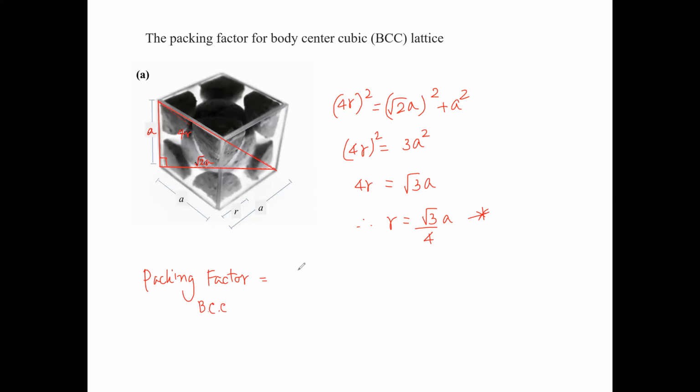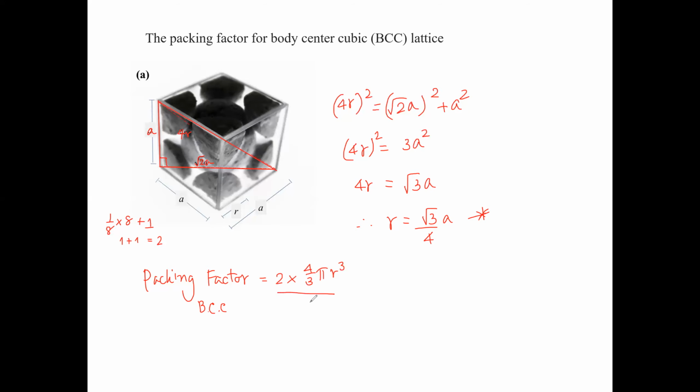Packing factor for BCC is, okay, remember the definition, we have to count how many atoms in the BCC. At the corner, 1/8 multiplied by 8, plus 1 in the middle. So 1 plus 1 is 2. So we have 2 multiplied by, we assume the atom is solid sphere, 4 divided by 3 pi r cube, right?